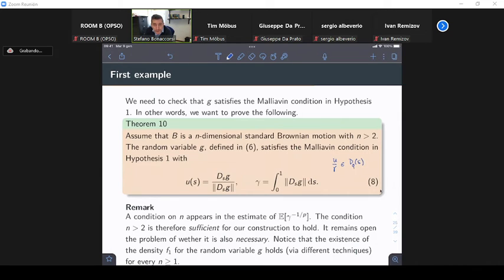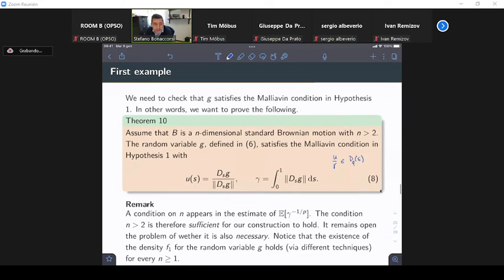The problem here is that when you try to make the computation on the estimate of gamma to the power -1 over p, you get some problems which require the condition n larger than 2. This is a technical issue.